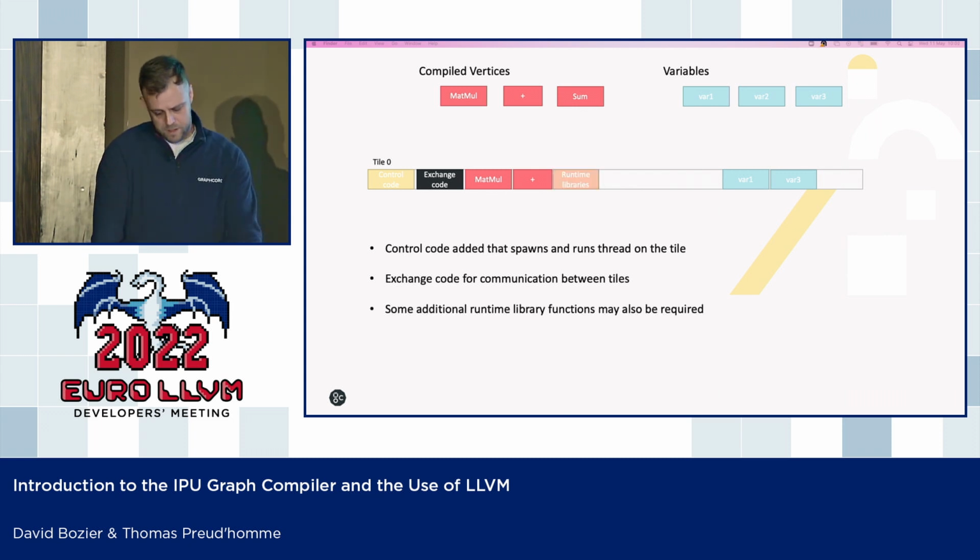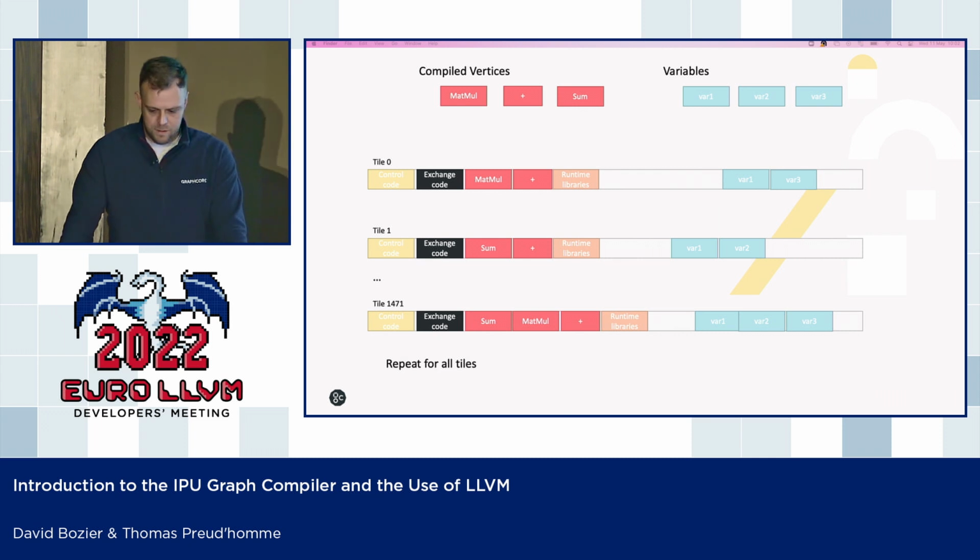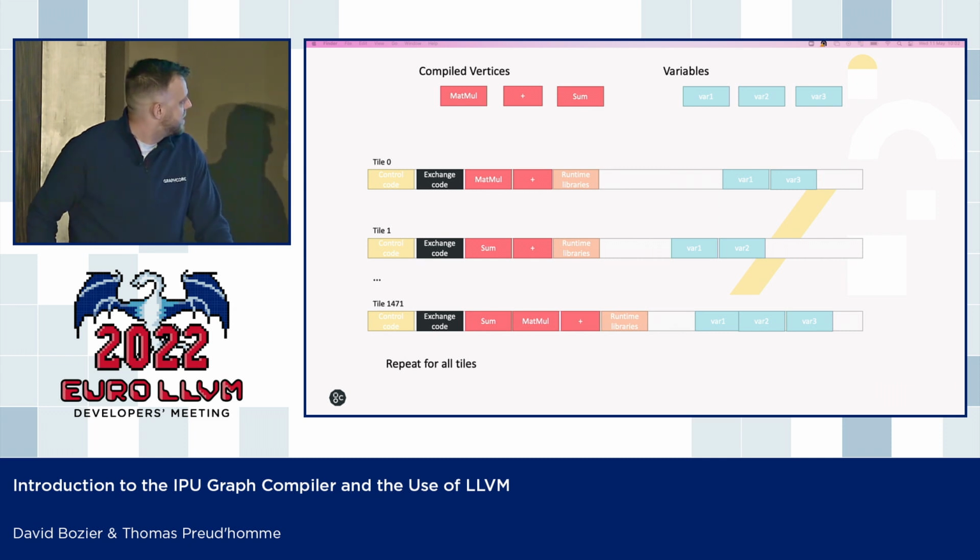And then finally, as we do provide runtime library functions, we might also need to link those in as well. So we repeat this for every tile on the device, and then we deploy it to be executed. We used to use LLD for this process, but we found that it didn't scale too well once we were going for bigger applications.